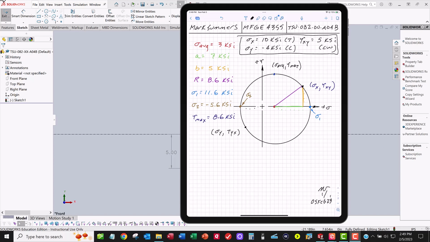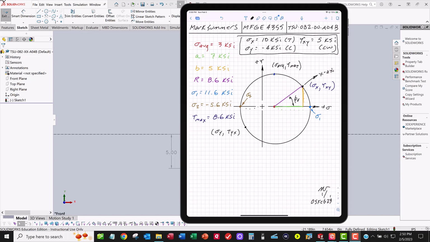And we calculated these angles. These angles are going to be here. This is phi, this angle. It's the angle that the stress element has been rotated through. And we can draw their axes. This is the x-axis.